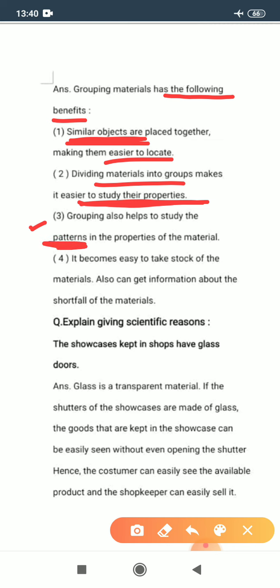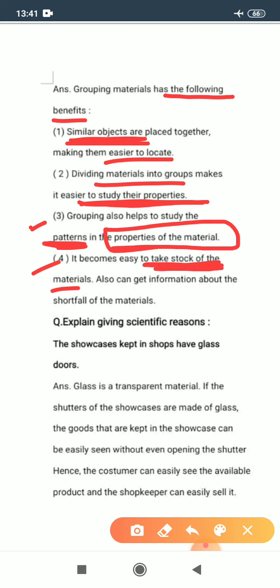With the help of patterns, we can also distribute the objects into different groups so that we can easily study their property. And point number 4 is it becomes easy to take stock. Already I have given an example of how we maintain our stock of the materials. Also we get information about the shortfall of the materials. Some commodities we already sold out, so with the help of grouping of materials we can conclude the shortfall of that material.